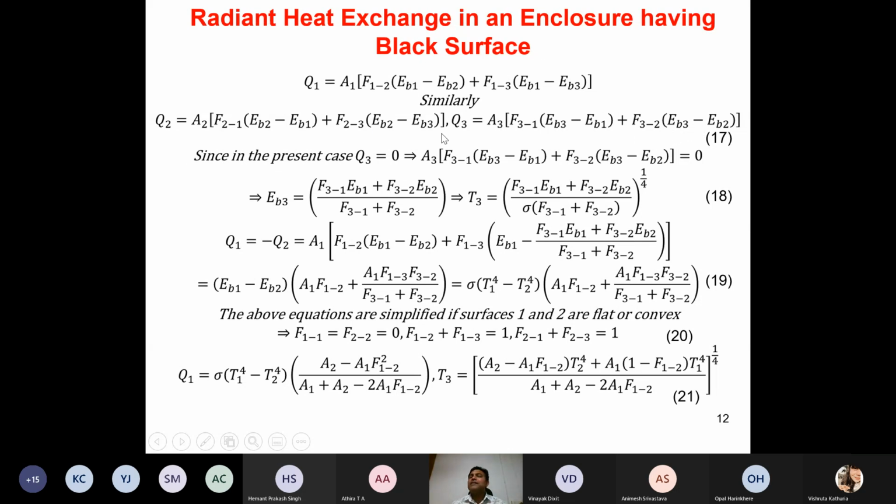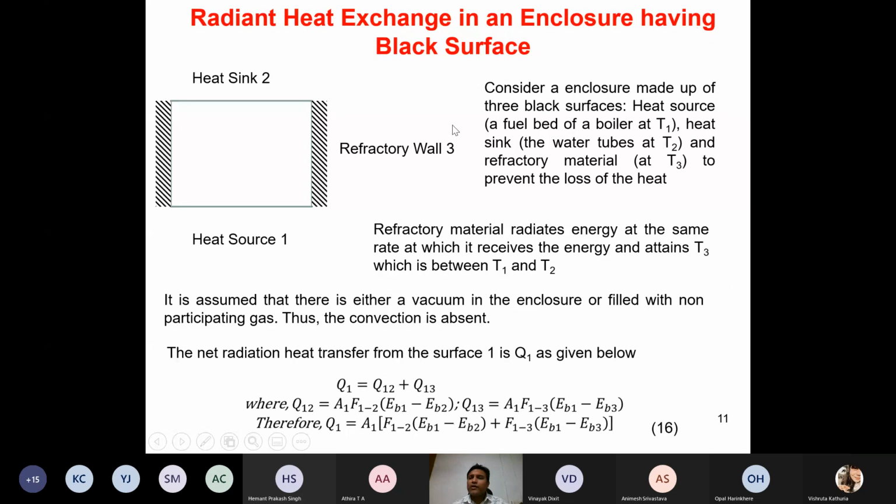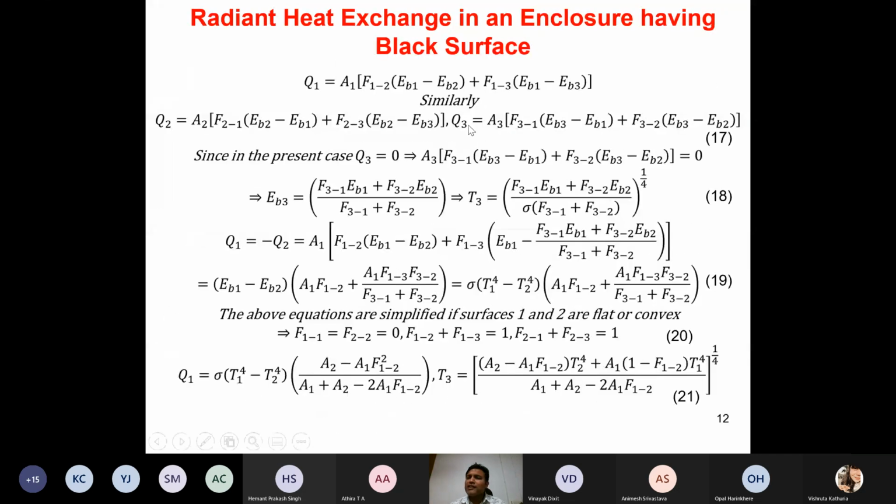Now again, see, in the starting itself, what we said is that whatever radiation is received by surface 3, the same is emitted by surface 3. So the net rate of heat transfer to surface 3 is 0, isn't it? So Q3 is equal to 0.